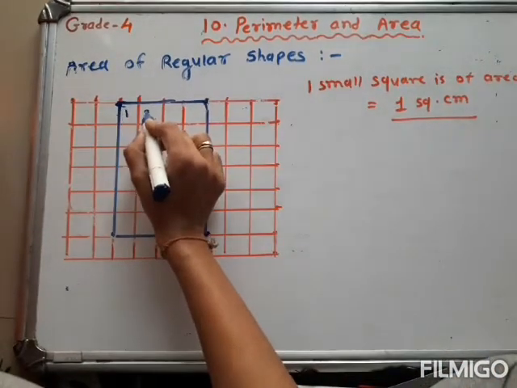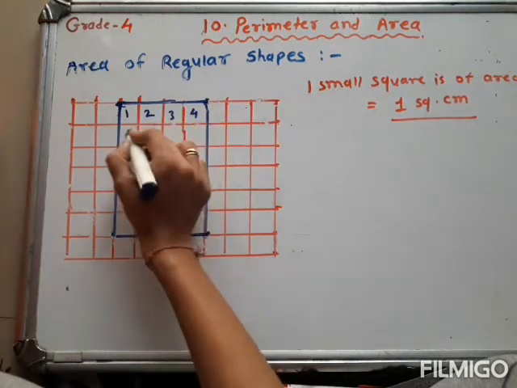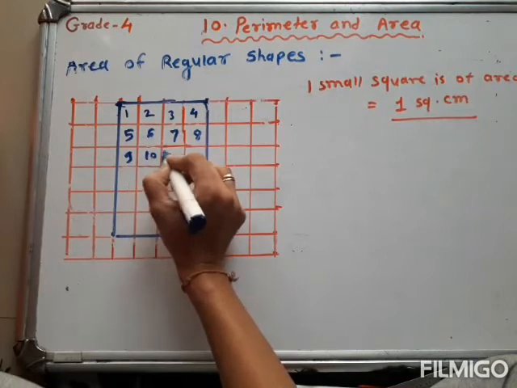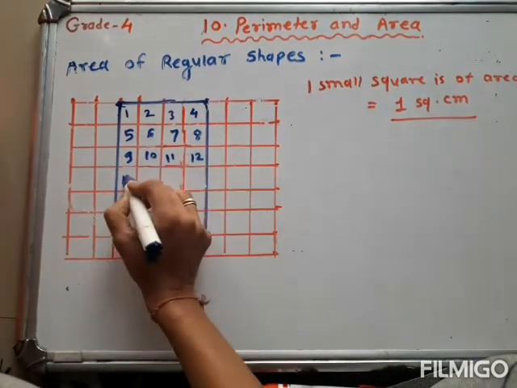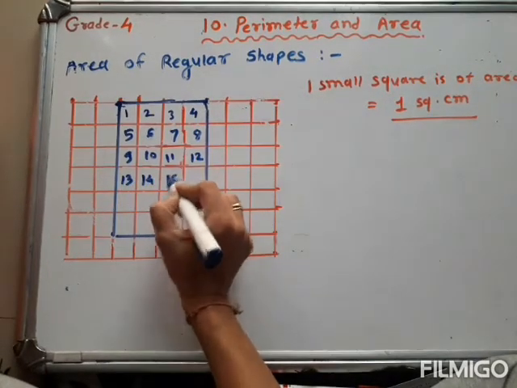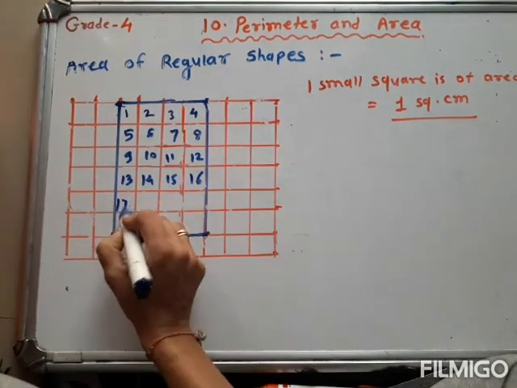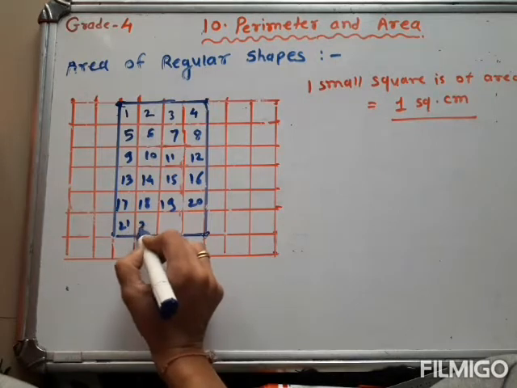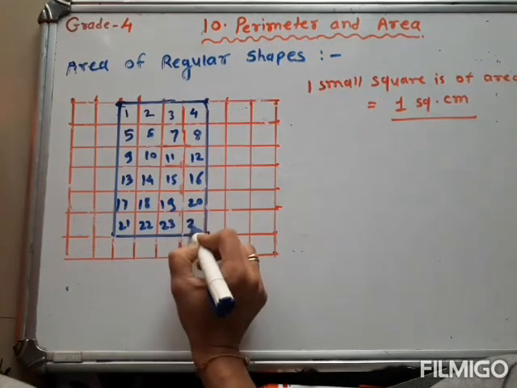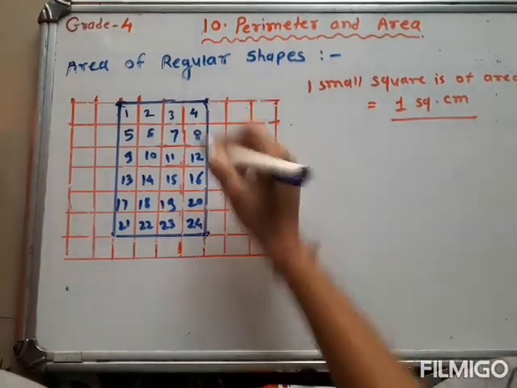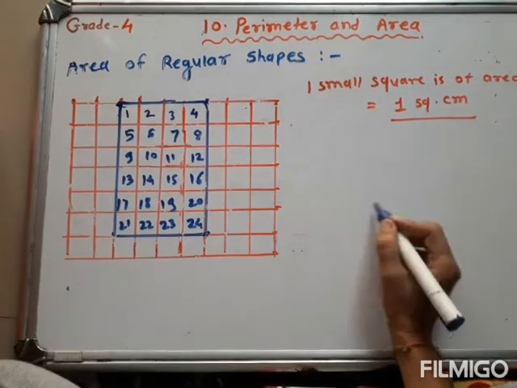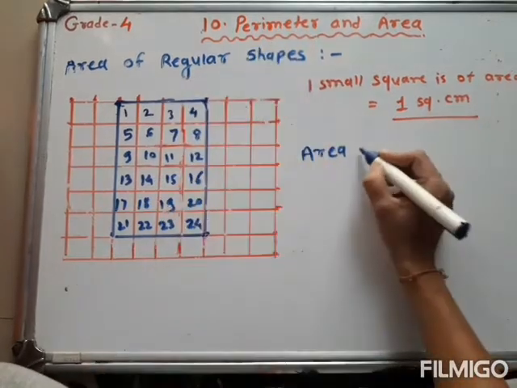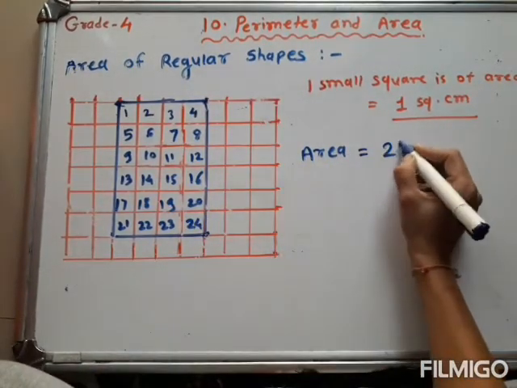We count 1, 2, 3, up to 24. So the area of this diary is equal to 24.